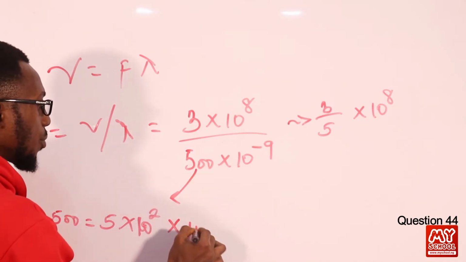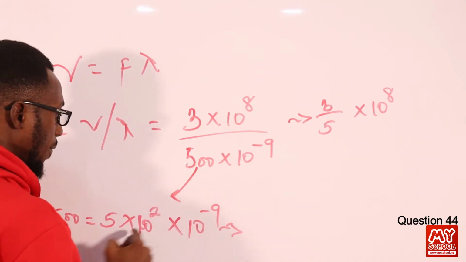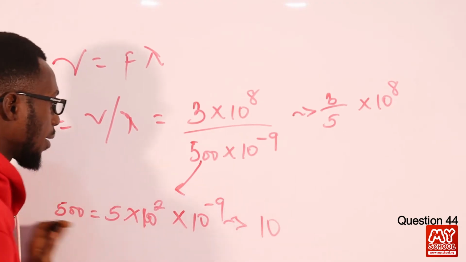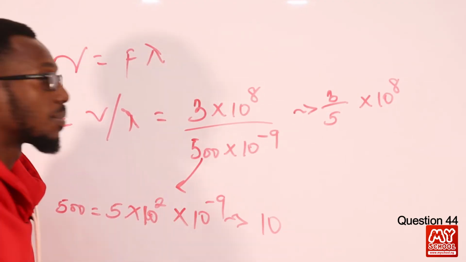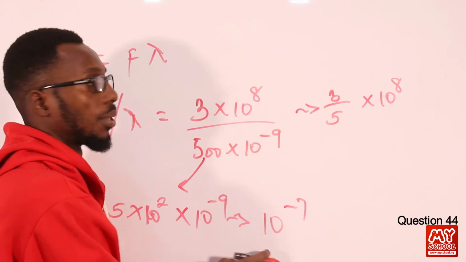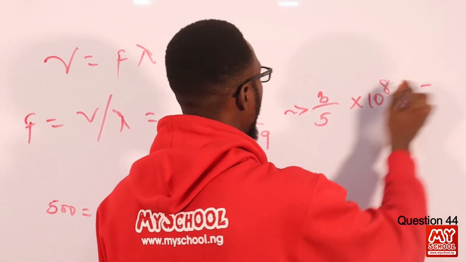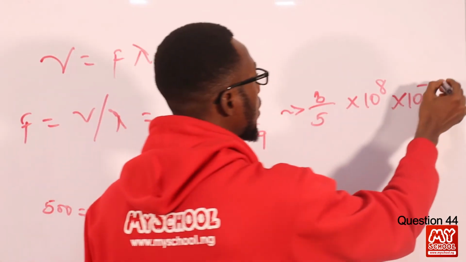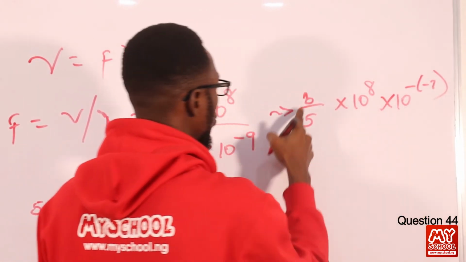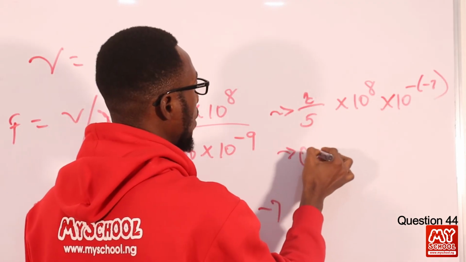So 2 minus 9 is minus 7. Then I bring this up, so that will be times 10 raised to power minus, the divide stands for minus, then this minus 7. So I have 3 divided by 5, that's actually 0.6.